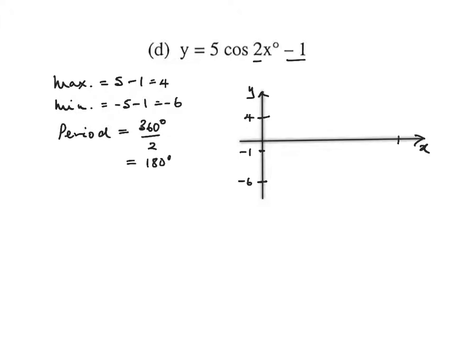I'll mark 180 degrees, and then half and quarter the x-axis, very approximately. Now, the cosine starts at its maximum value. Here it is here. At the first division on the x-axis, it goes down to the middle point, which is -1, and then down to its minimum at 90, back up to the middle point of its motion at 135 degrees, and then back up to its maximum at 180.